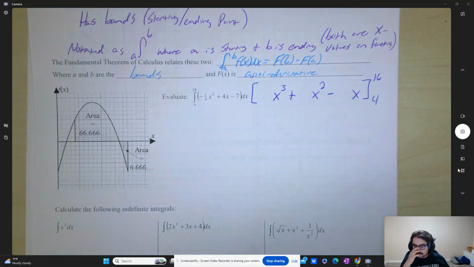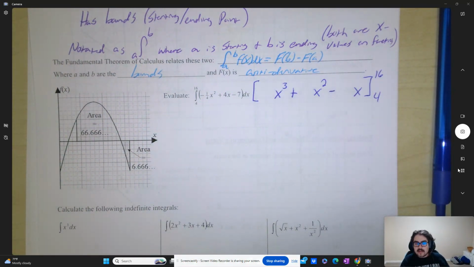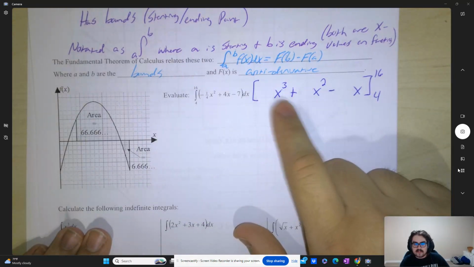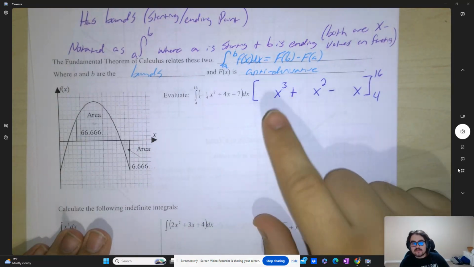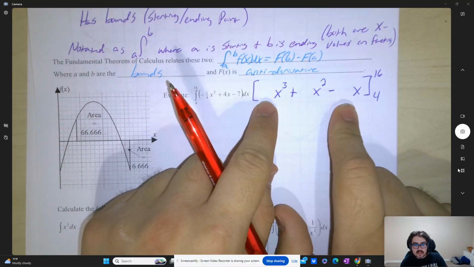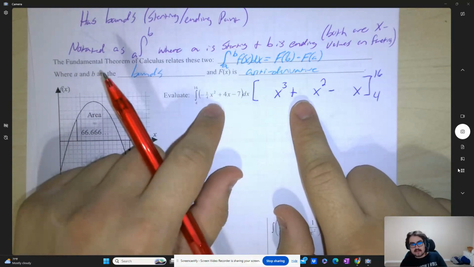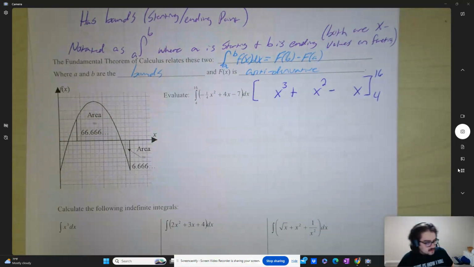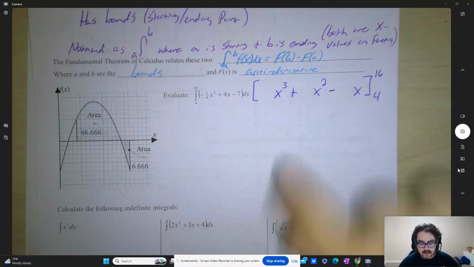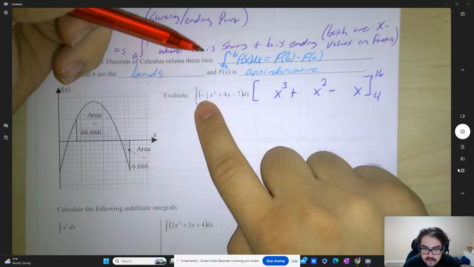Okay, so now what constants do I need to put in front of all the x's such that when I take the derivative of this function, it gives me this? The easiest way to think about it is, what times 3 is going to give me negative 1/4?